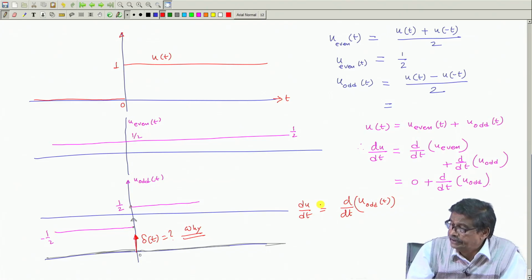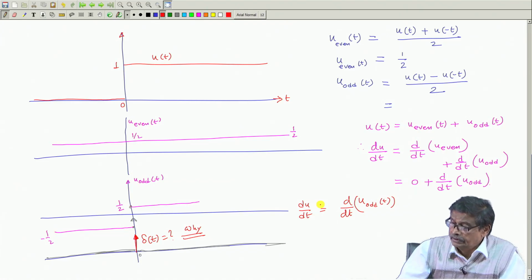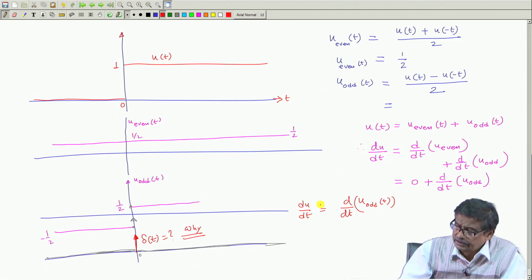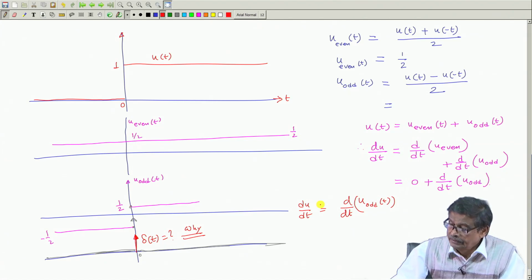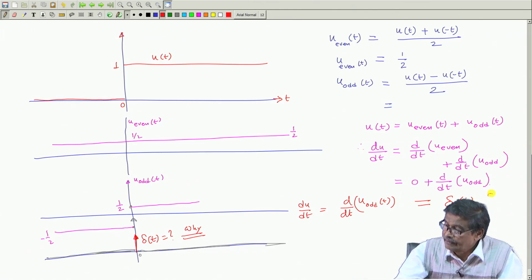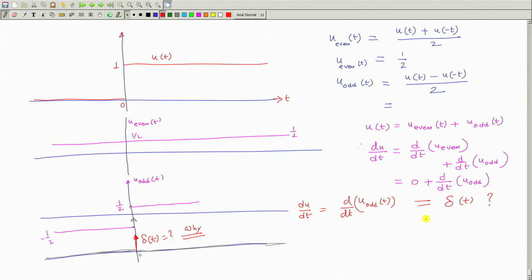You find out the derivative of u odd t, you get du/dt. Fine, I have reached up to this point, d/dt u odd t. This is the thing I have got. Now, I am telling that this will be equal to a unit impulse, although not proved it yet. Is it correct? Let us see that.